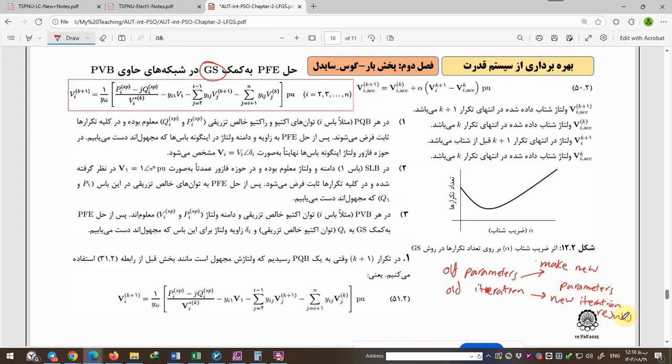In the main equation for finding voltage, we replace the new parameters here and the old parameters here.